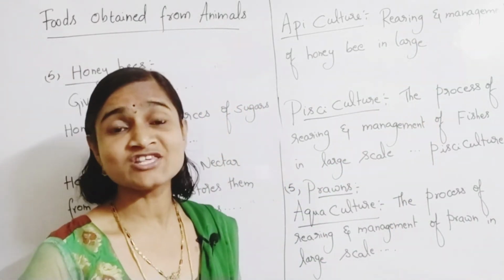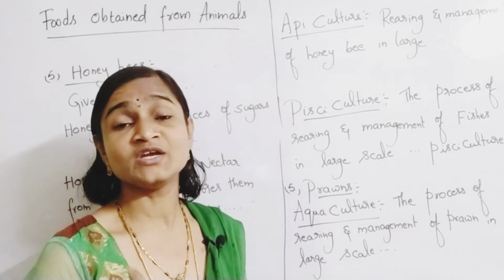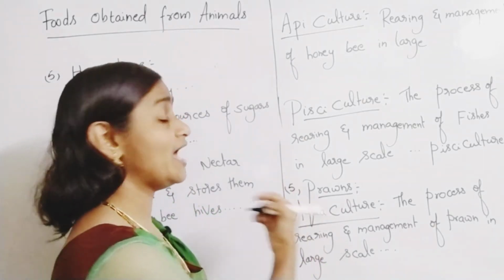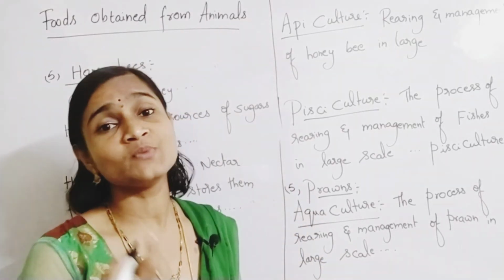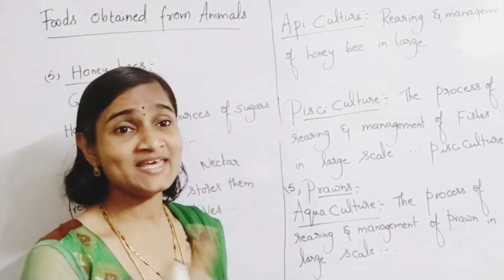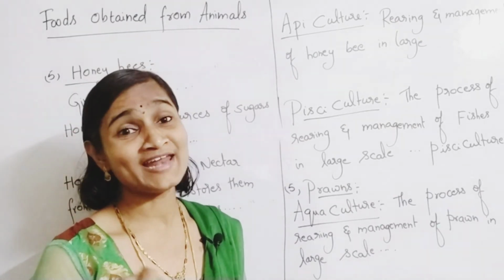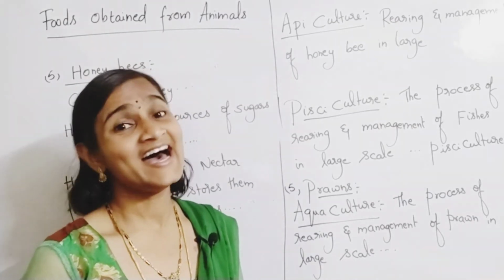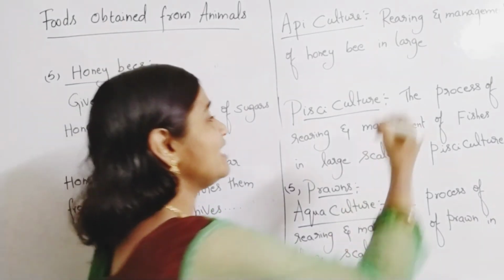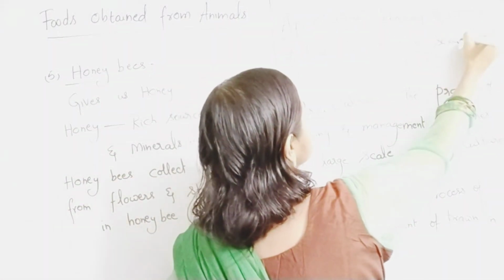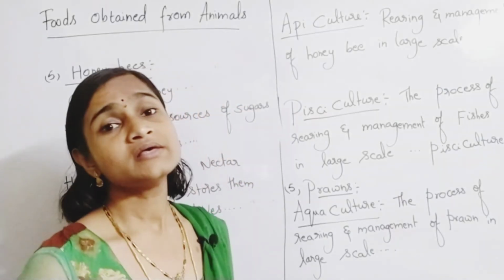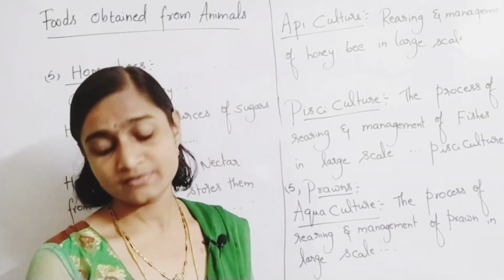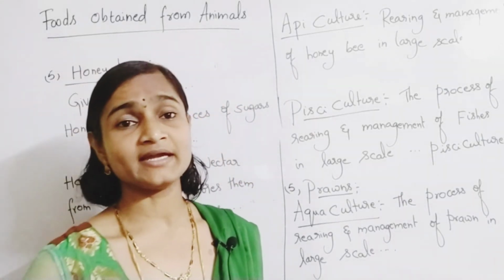One is pisciculture, the rearing and management of fishes, then aquaculture, the rearing and management of prawns, and then apiculture, the rearing and management of honeybees on a large scale.